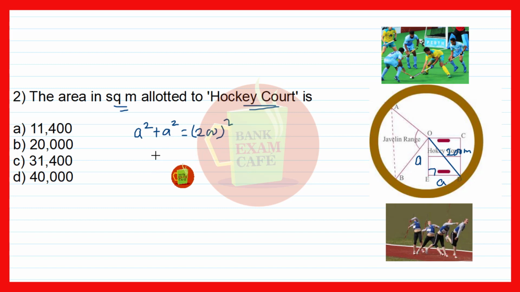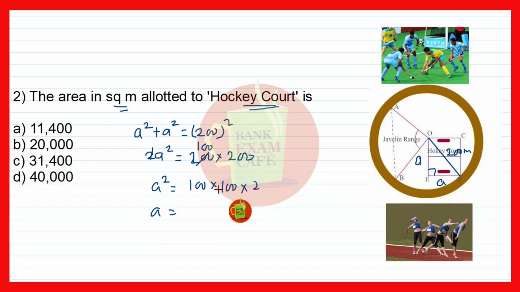A square plus A square is equal to 2A square, which is equal to 200 into 200, and therefore A square is equal to 100 into 100 into 2, and so taking square root of both the sides, we will get A equal to 100 into root 2. So the side we are getting is 100 root 2.